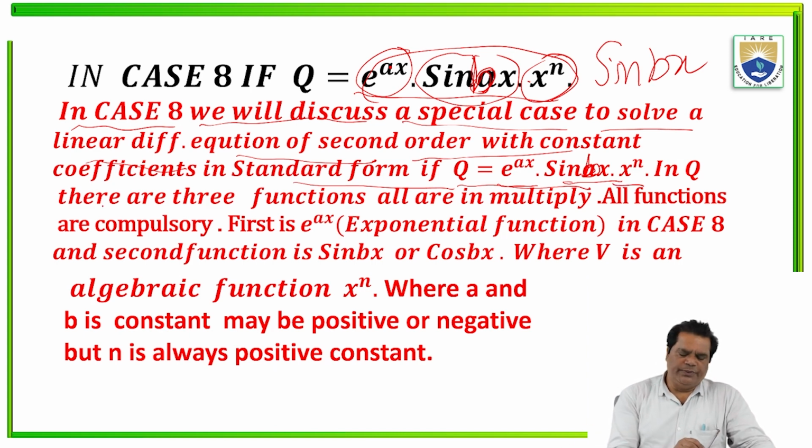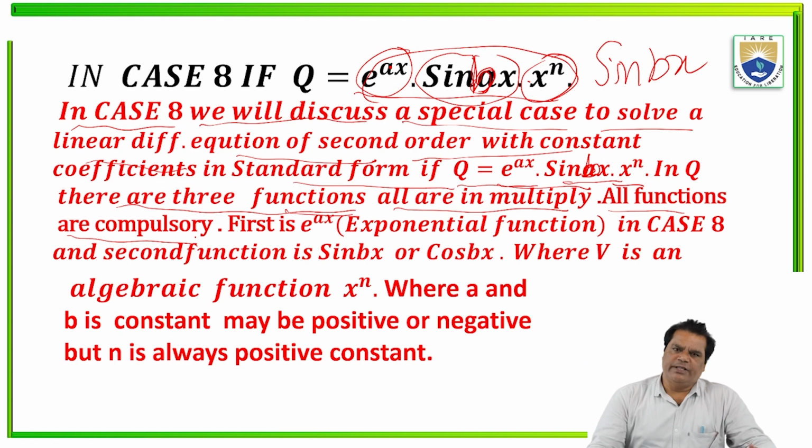In Q, there are three functions. I have already told you there are three functions. All functions are multiplied, and all functions are compulsory in this case. Then we discuss case 8. There must be three functions, all multiplied.